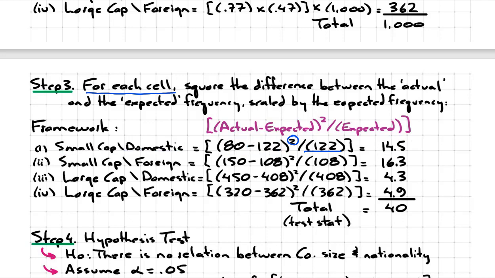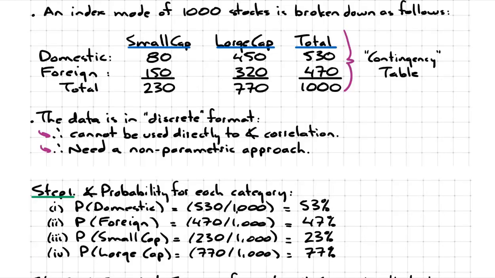And we do this for every line item. This time, I promise I'll just do the second row because the process is the same for all of them. So small cap foreign, how many did we see in our table, the actual number of observations? There it is, small cap foreign. We saw 150 stocks fitting that profile.